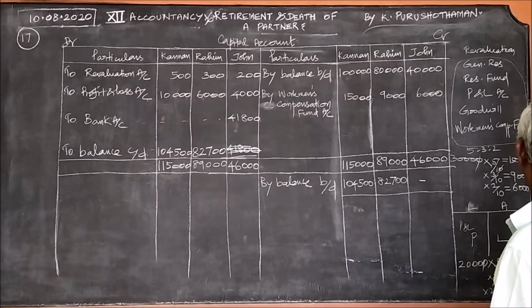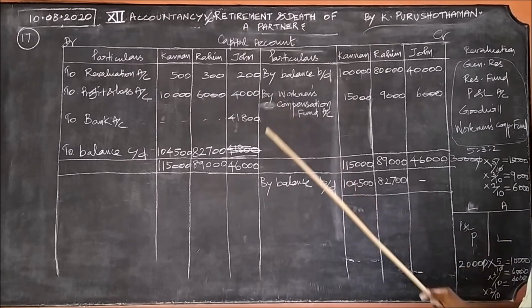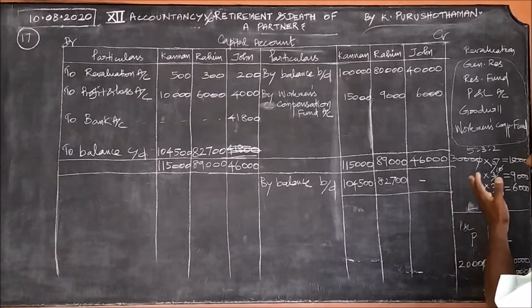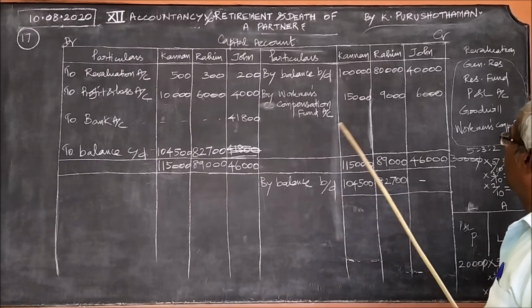Okay, that is 10,000, 6,000, 4,000, we have written. Now we have attended all adjustments. And after attending all the adjustments, we should find the total of this.